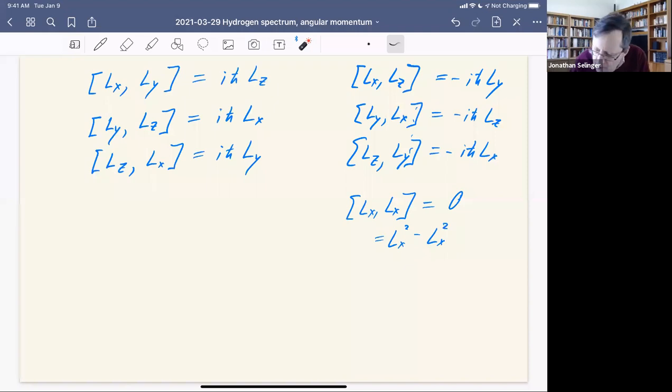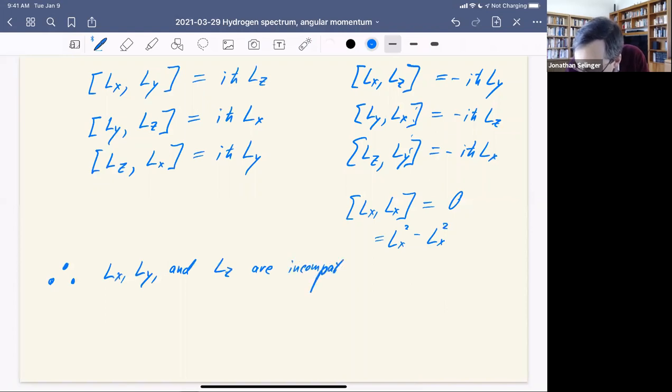In particular, they tell us that Lx, Ly, and Lz are incompatible operators. You remember, we've talked about incompatible operators before.